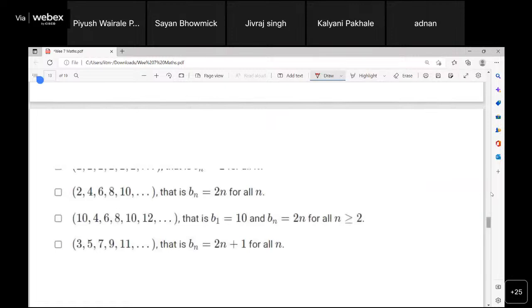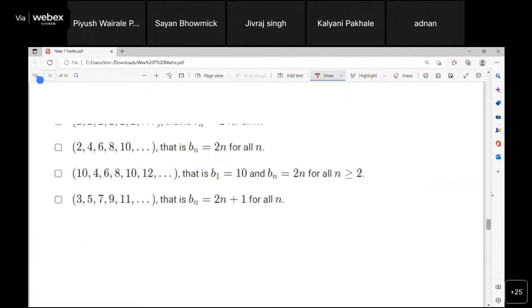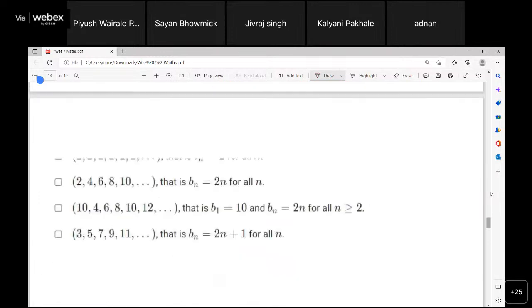Okay, so what is the expression here? Let me see the expression first. It is from the activity question, I guess. Let me see. Activity 4.7.4.